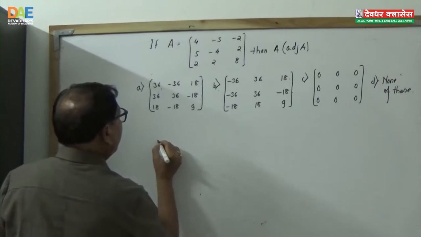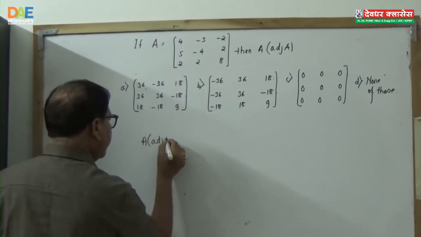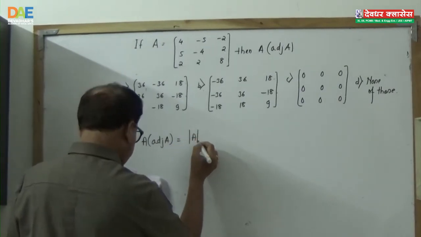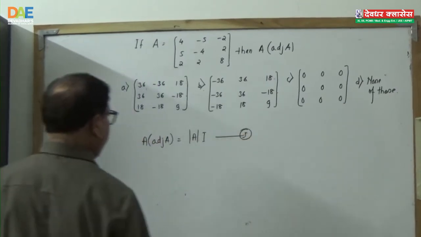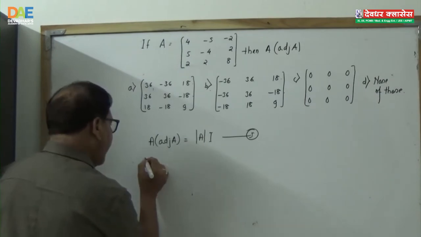Now observe here. What is A into adjoint A? That is equal to mod A into I. This is a property, mod A into I. So what is mod A?